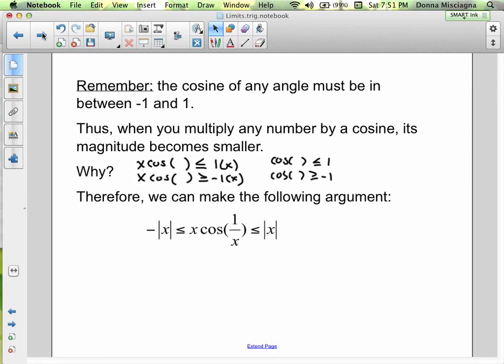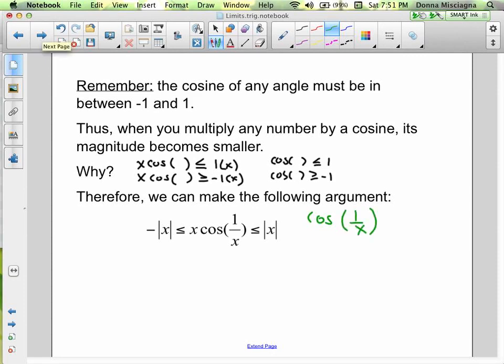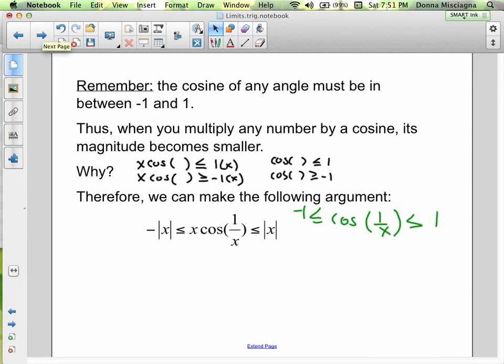Because the most my cosine could possibly be is 1, and the least it could be is negative 1. Therefore, this cosine part, cosine of 1 over x, is constantly sandwiched in between 1 and -1, right? It doesn't matter what I'm taking the cosine of. You can tell me cosine of elephant, right? No matter what, it's got to be greater than or equal to -1 and less than or equal to 1.